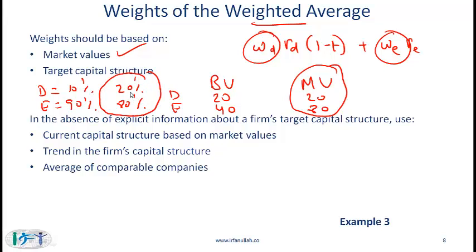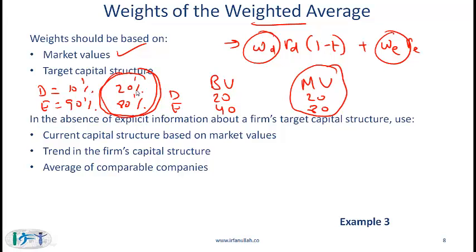The reason is this: we are using the weighted average cost of capital for decision making. If the company has announced that its target capital structure is 20/80, then when it raises new capital, it will raise capital in this proportion.